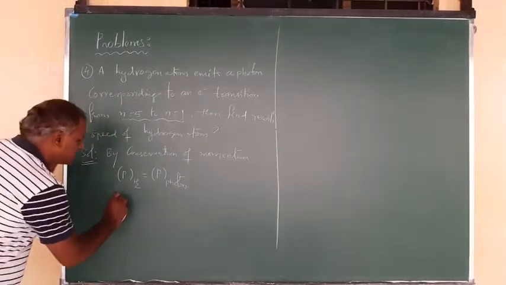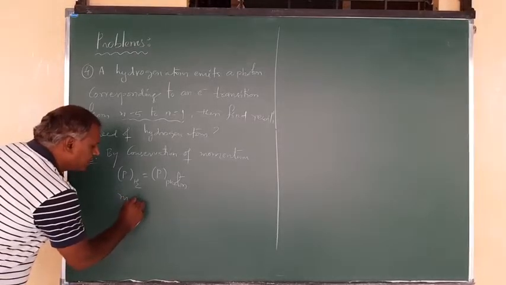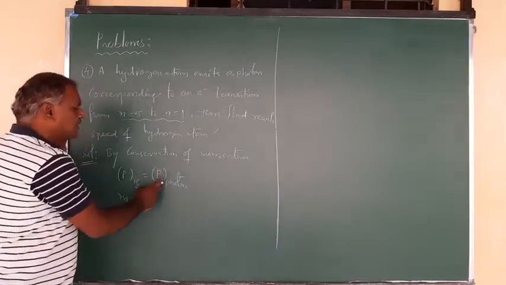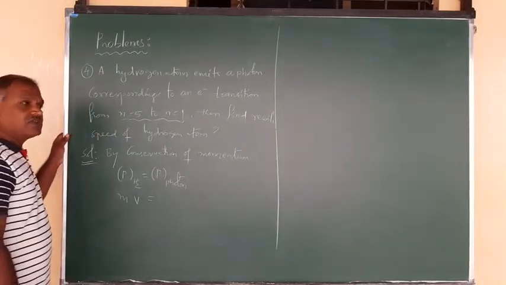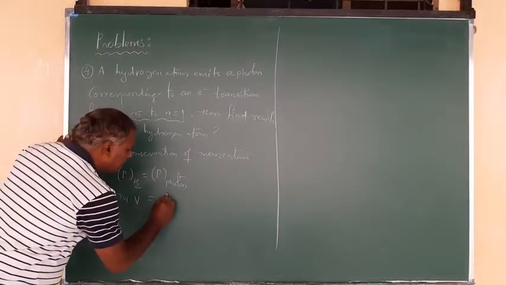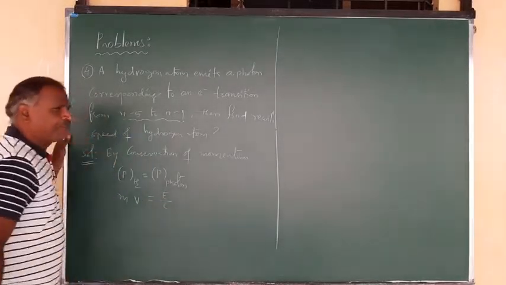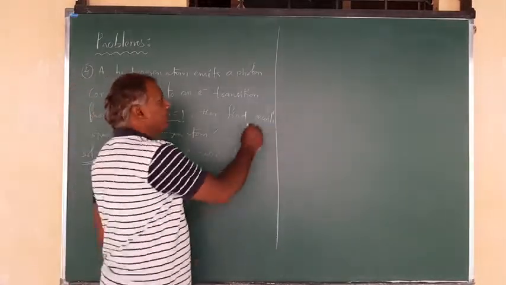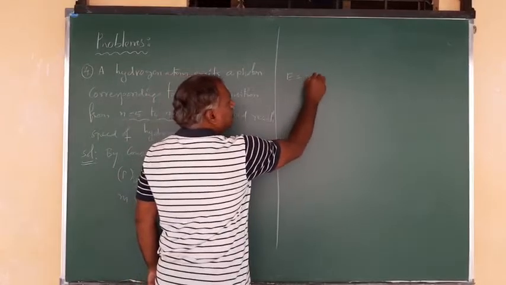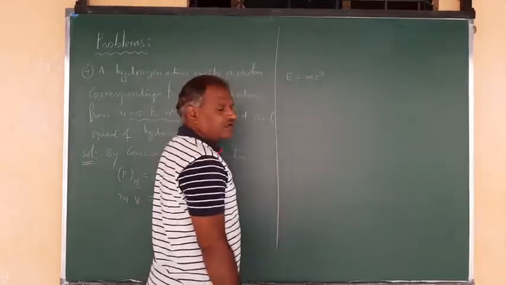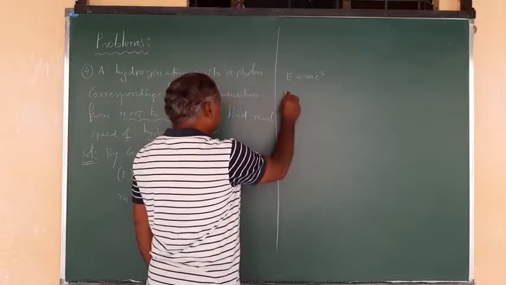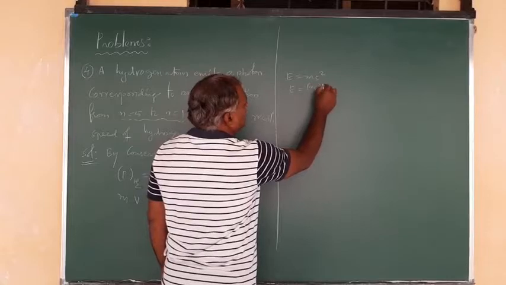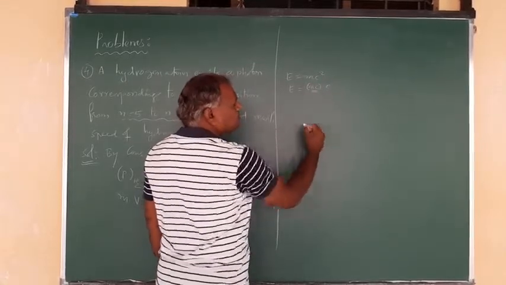So this can be written as mass into velocity, that is what we require, for the hydrogen atom, equal to, in terms of energy and velocity of light, E by C. Already we have seen photons. So the energy of photon can be written using mc square, so E is equal to mc into C. So mc is nothing but the momentum of the photon.